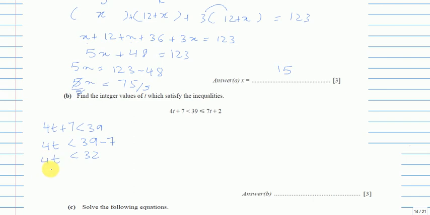To get rid of the 4, I divide by 4 on both sides, so t is less than 32 over 4, which is 8. Now the first part is solved.